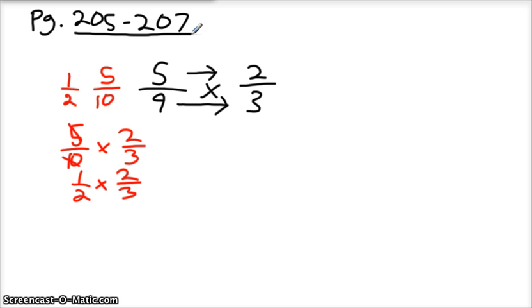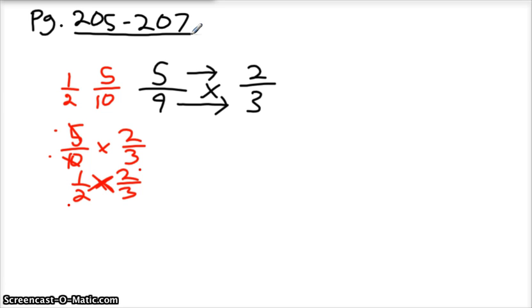Now the other thing to look out for is that not only can you simplify the fractions you start out with, but you can also simplify diagonally. So right here we can cross out the 2 and 2 because they go into each other, so they can be divided by each other.